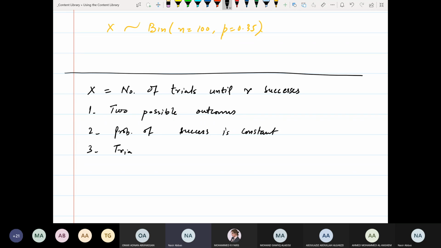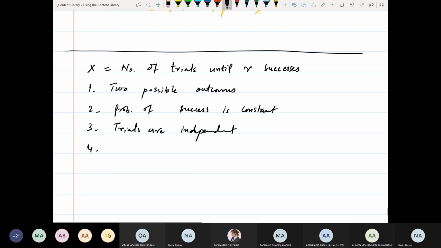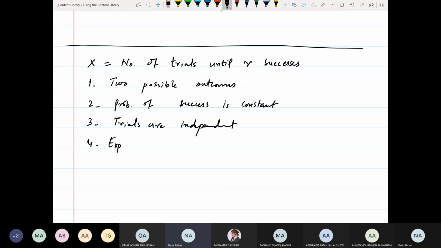Trials are independent. An experiment is repeated until we get R successes. So you see, I flipped the definitions of property number 4 and the variable itself.